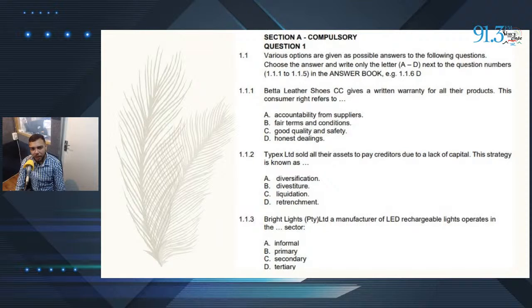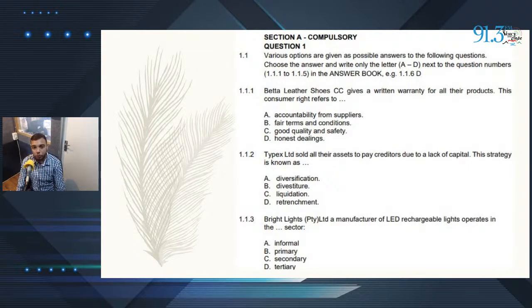Accountability from suppliers, no. Fair terms and conditions, maybe. Good quality and safety, maybe. Honest dealings, no. So we can scratch out A and D. So it's between B and C, and your answer then would be C, good quality and safety. Reason being, it is a written warranty, so the product needs to be of good quality.